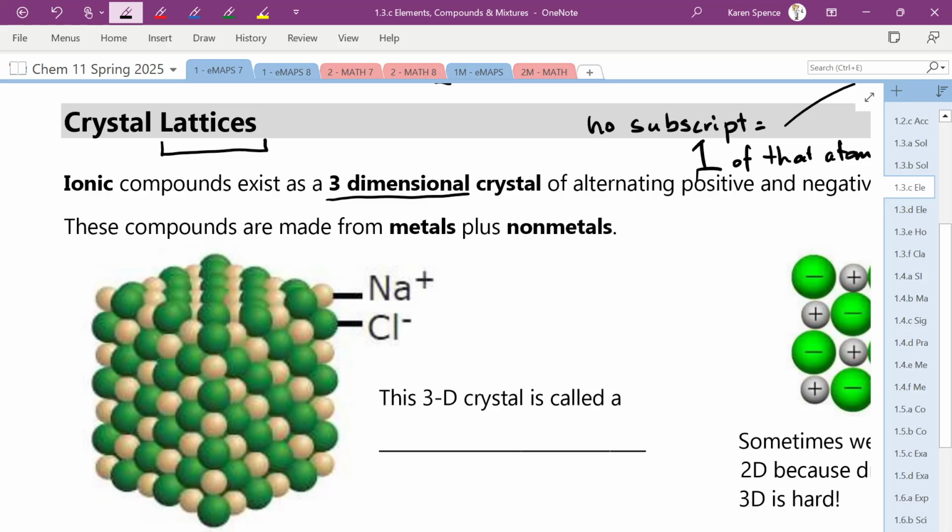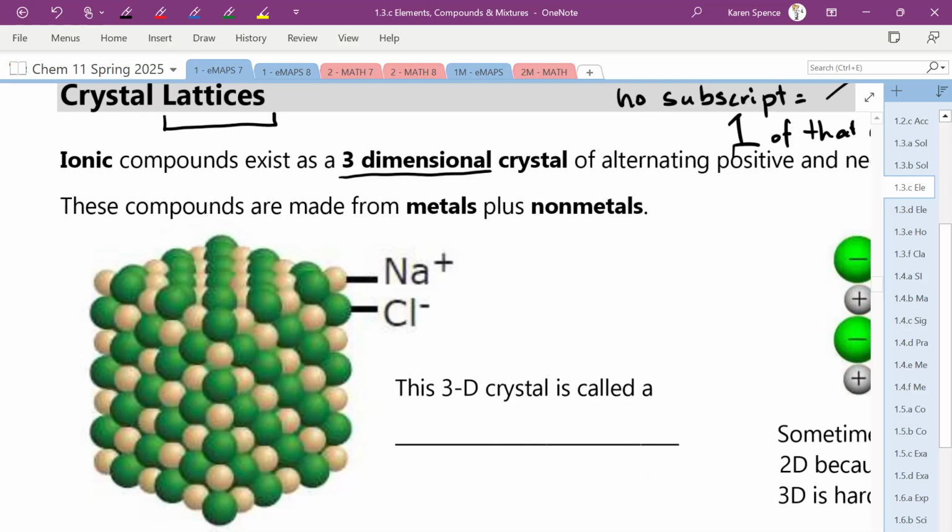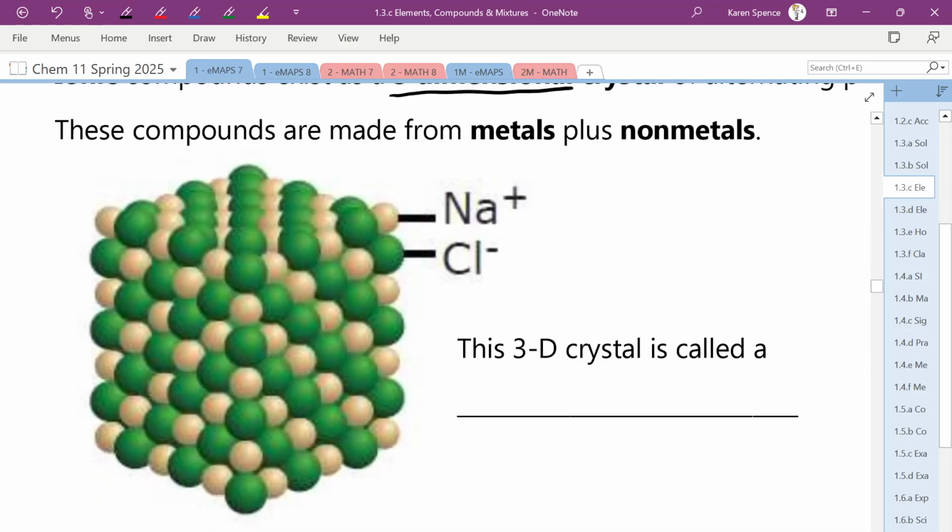So you can see here is our actual three-dimensional model, where we have the positive ion alternating with the negative ion, and you can see it in this picture here, where we have our positive ion alternating with our negative ion. Why do the positives always find themselves in between the negatives?